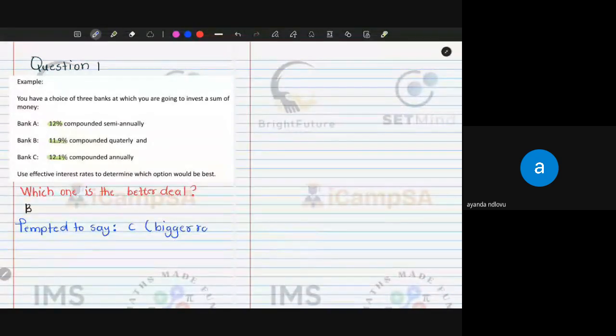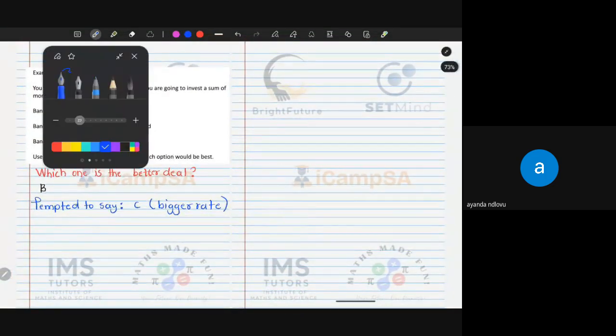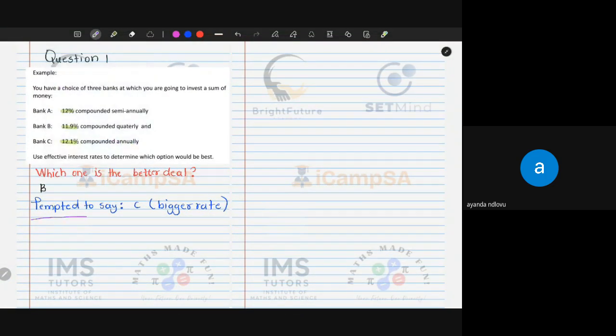Someone else can look at this problem and just say that 12.1% is bigger than 11.9 and it is bigger than 12%. But how do we equalize this? So the effective interest rate helps us to be able to put the comparison at the same level. That is what the effective interest will allow us to do.